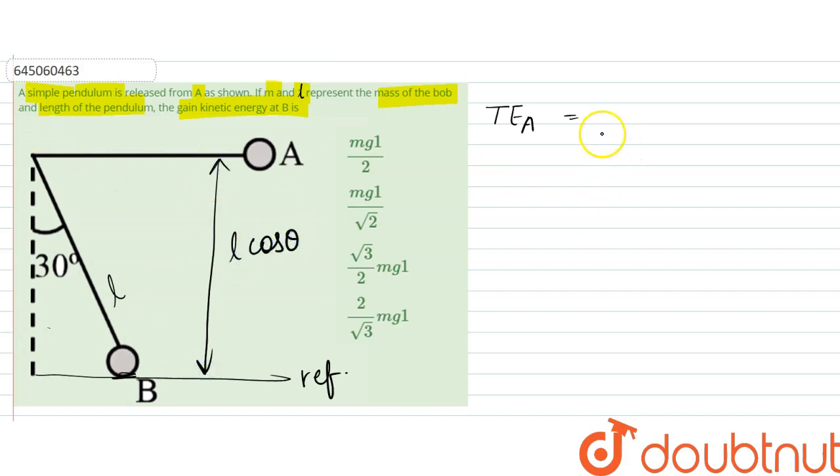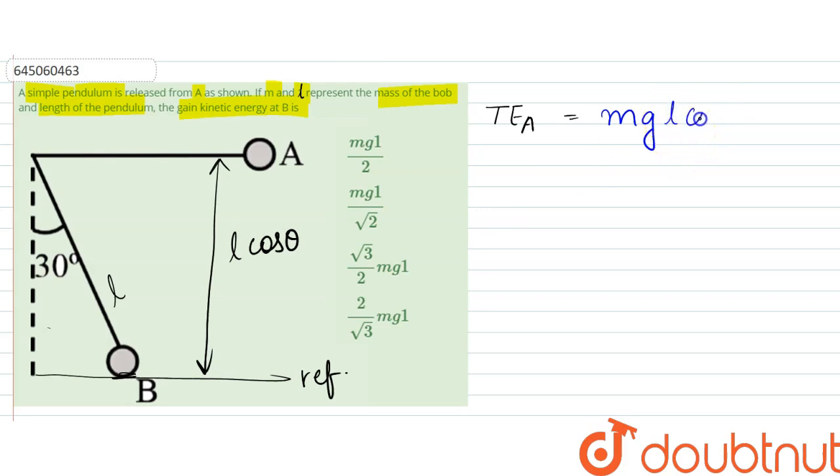So initially at A, it had potential energy, that is mg into L cos theta.